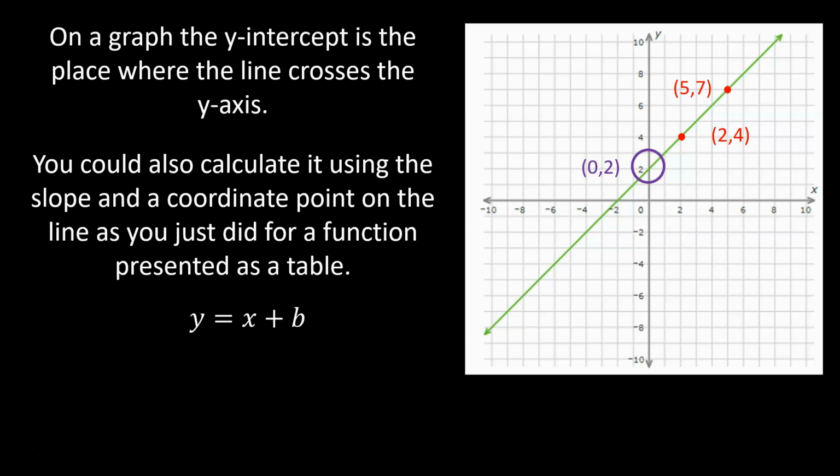Using y equals x plus b because our slope was 1, we then plug in 5. So we have 1 times 5 gives us 5. 7 equals 5 plus b. Subtracting 5 from both sides to isolate the variable b, we get 2 for our y-intercept. 2 equals b.